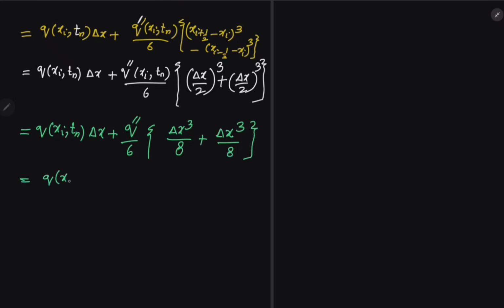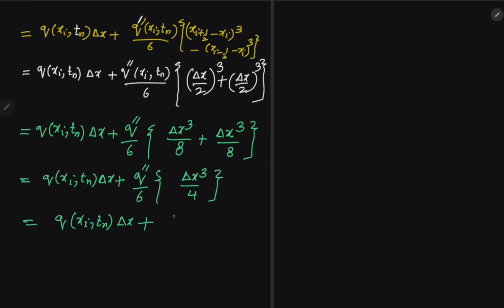We can further simplify it: Q xi Tn delta x plus Q double dash by 6 times delta x cube by 4. So Q xi Tn delta x plus Q double dash by 24 delta x cube.